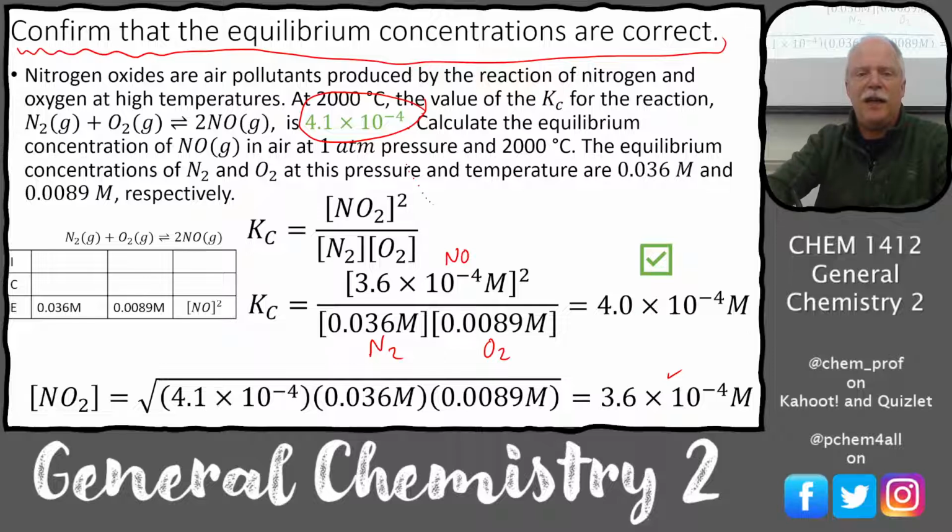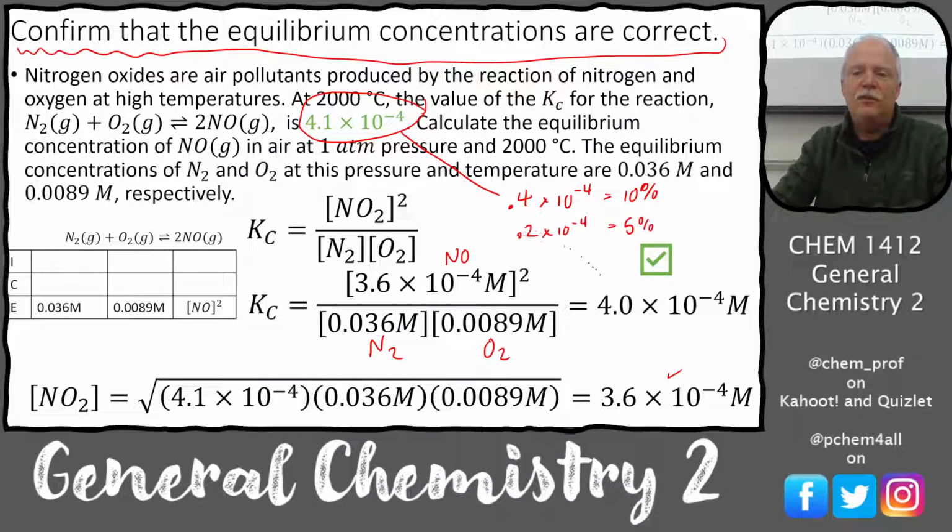How can I easily calculate 5% of this? Well, I just move the decimal to the right. So 0.4 times 10 to the minus 4 would equal 10% of the original. Does that make sense? And then half of that would be 5%. So 0.2 times 10 to the minus 4 would equal 5%. So you're within 5% error on that.